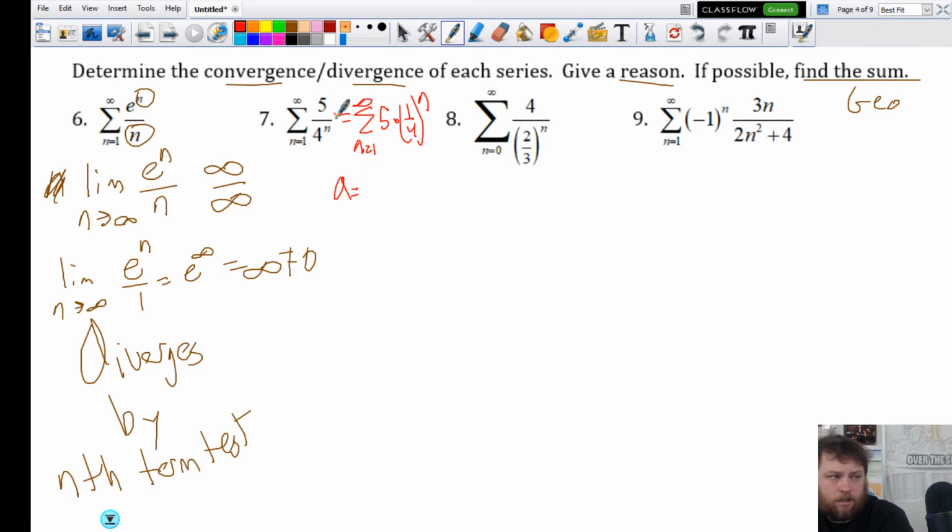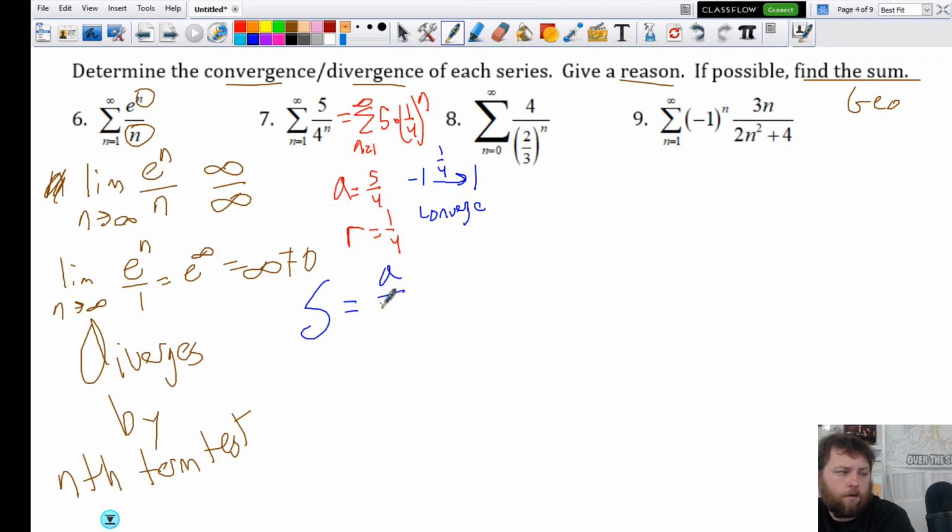So my first term is when n equals 1. It's going to actually not just be 5, the coefficient's 5/4 because there's one of these. And my ratio r is 1/4. Oh, and by the way, since that ratio has to be between -1 and 1, and 1/4 is between that, we converge. Now, what does it converge to? The formula is the sum is a over 1 minus r.